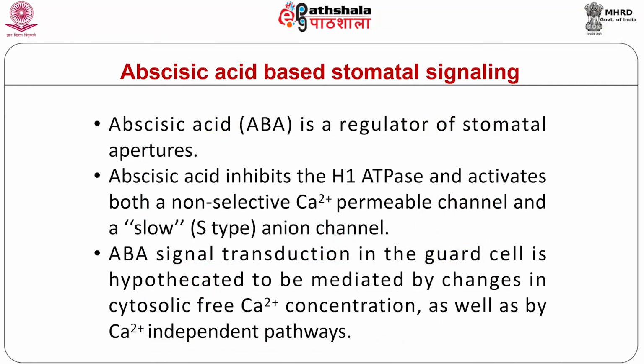Next, abscisic acid based stomatal signaling. Abscisic acid, ABA, is a regulator of stomatal aperture via its effects on osmotically driven changes in guard cell turgor. Abscisic acid inhibits the H+ ATPase and activates both a non-selective calcium ion permeable channel and a slow, that is S-type, ion channel.